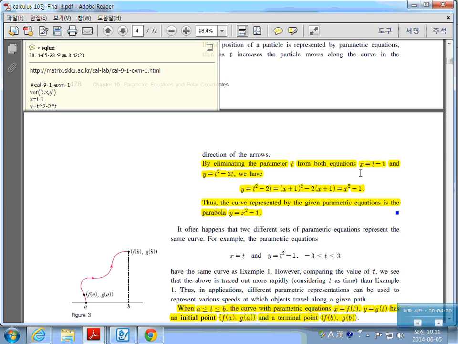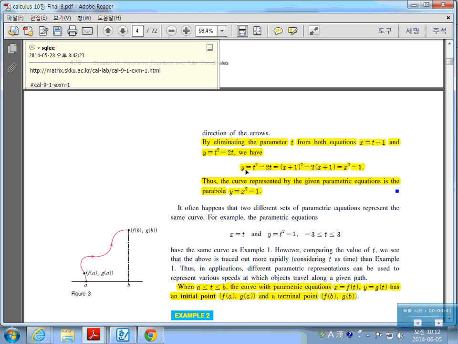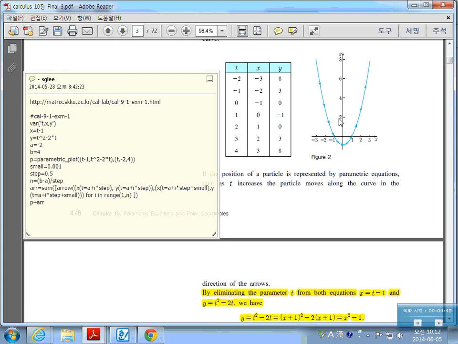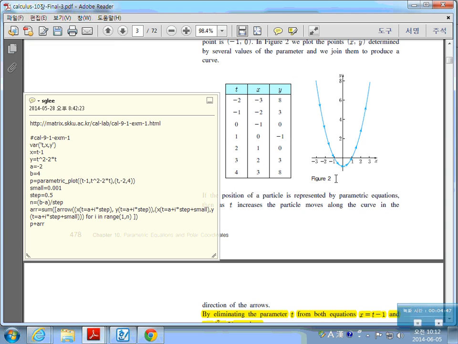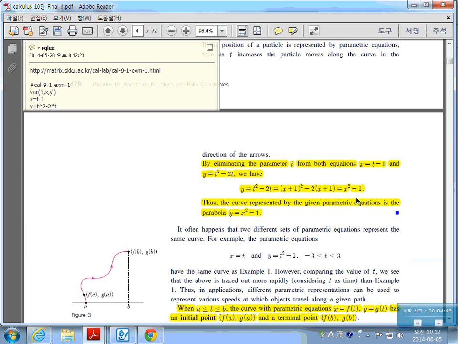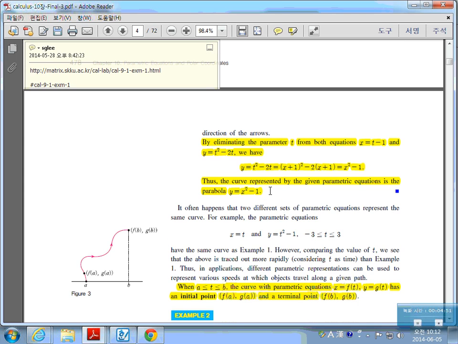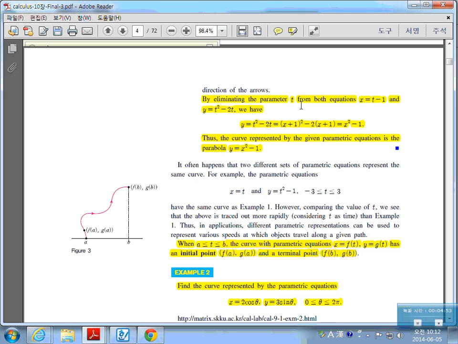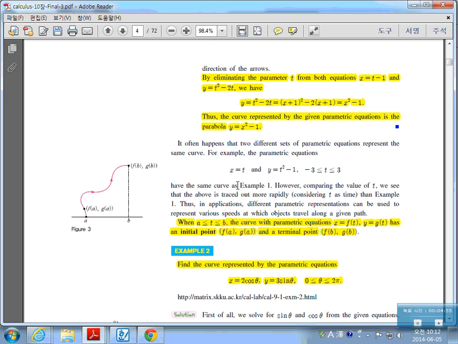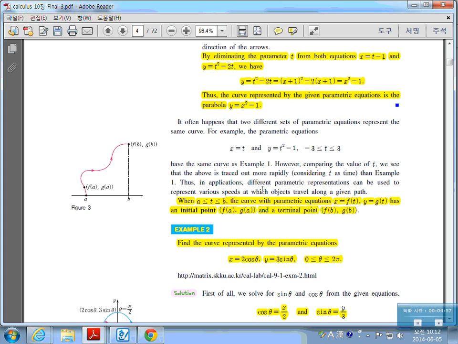Since t minus 1 is x, t equals x plus 1. So y can be written as x squared minus 1, as you see here. So this parametric function can be written as a function y equals f of x, by substituting t in terms of x and y.